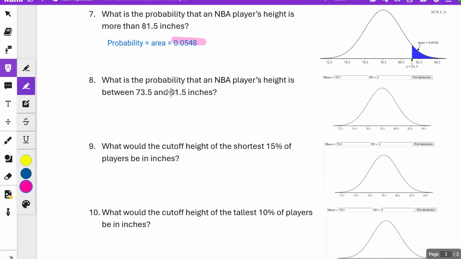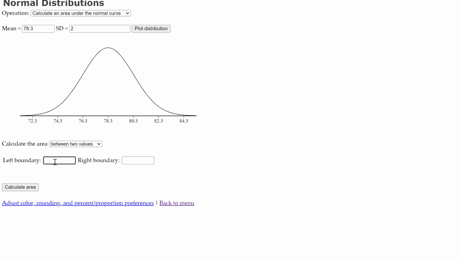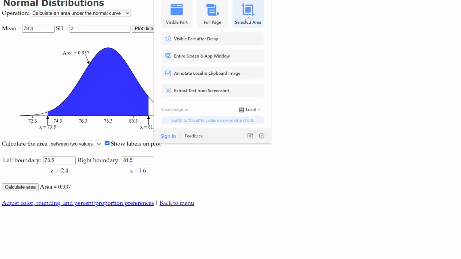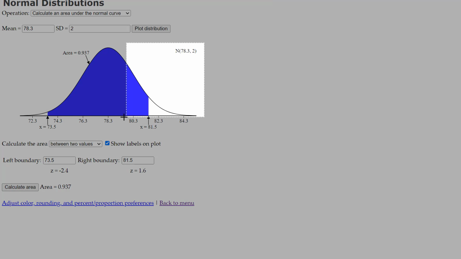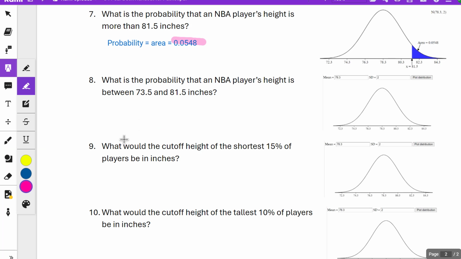What is the probability a player's height is between 73.5 and 81.5? So that would be between two values. And there you go, 0.937. So it's over 90% of players. All right. I could have said also, what's the proportion?